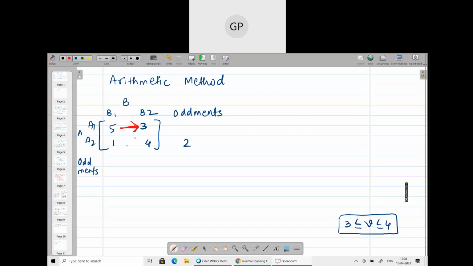Okay, and what is 4 minus 1? 3. So that I will write in the first row. Okay, and then here optimal strategies. Here also I will have optimal strategies. So this is the only difference we are making here.